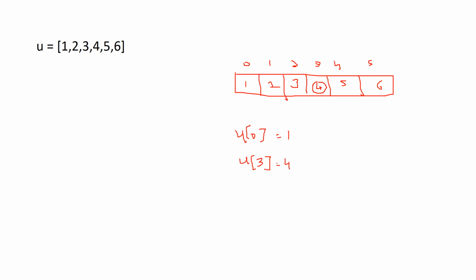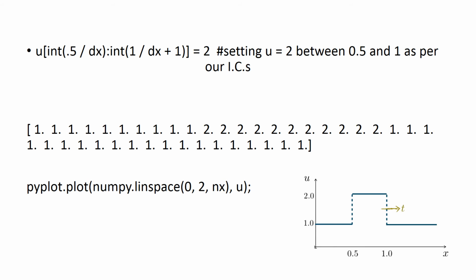So just remember that the grid points in Python start from 0, and the value of u is 1 everywhere in the grid. That is, we have 41 grid points, and on all the 41 grid points the value is stored as 1.